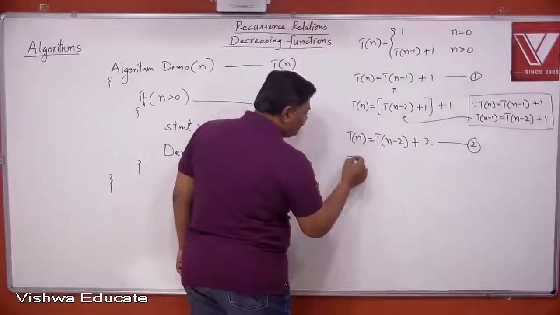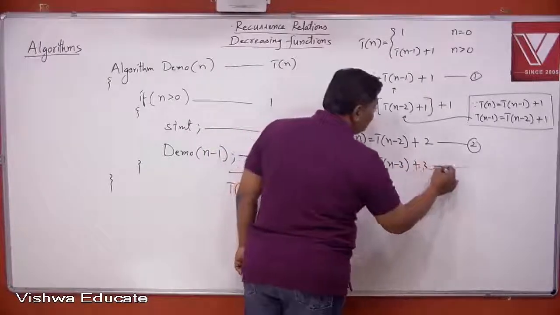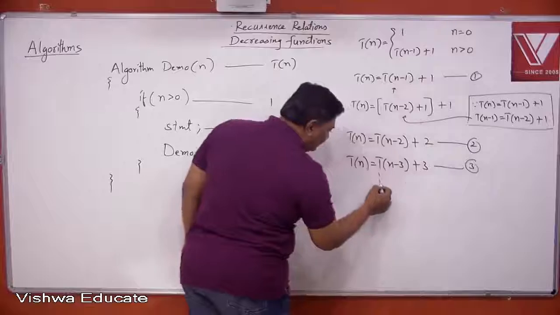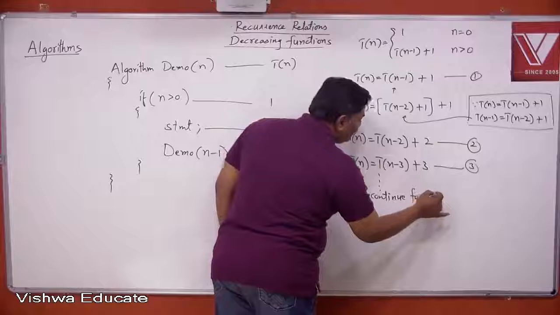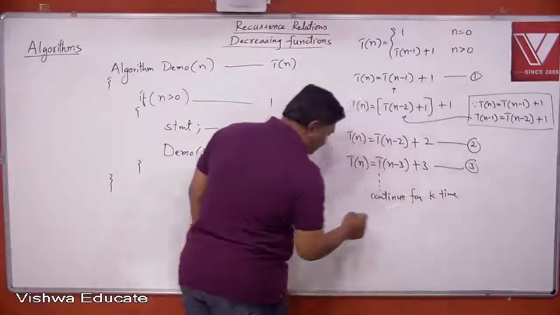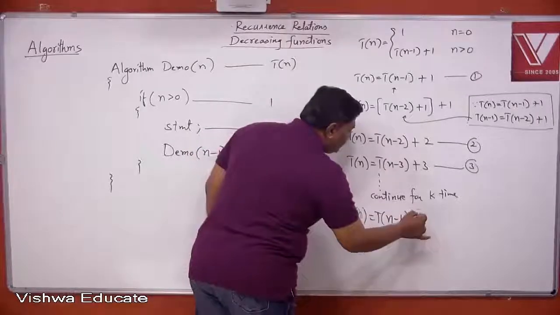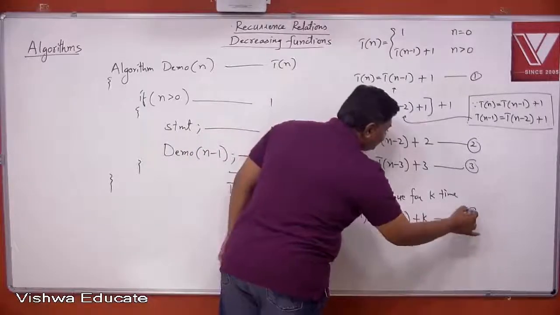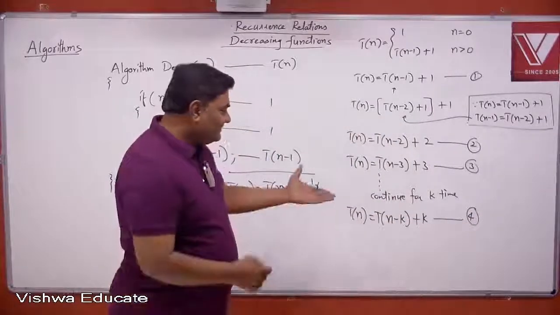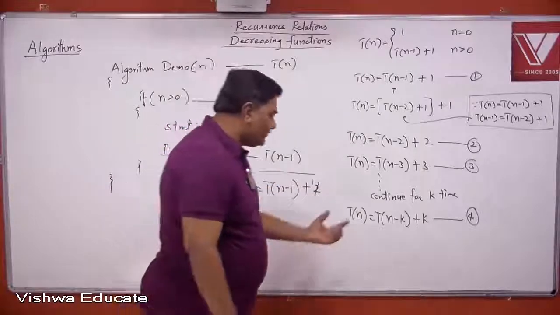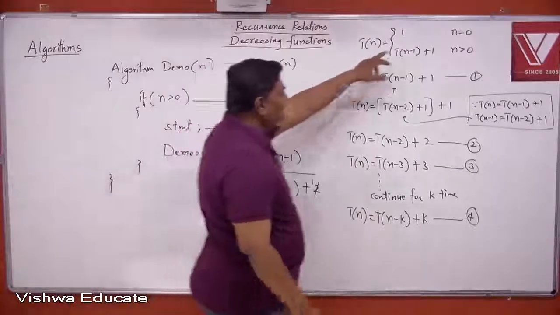If I continue, Tn is equal to Tn minus 3 plus 3. This is the third equation. Continuing for k times, Tn is equal to Tn minus k plus k. Now we have to stop here, because we assume that this has become small, which means n equal to 0.